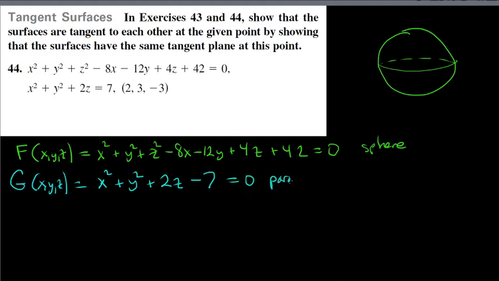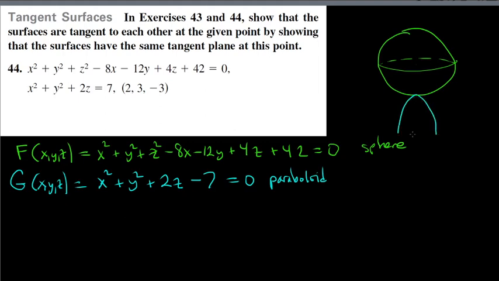And this is a paraboloid. Again, you don't really need to know that to solve the problem, but it does help, because at some point we want to show that the sphere and the paraboloid are tangent to each other, so they just touch each other.